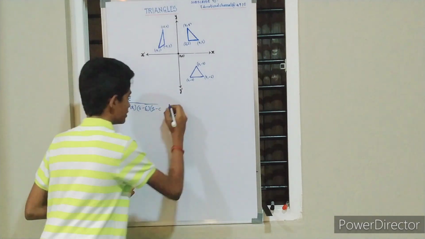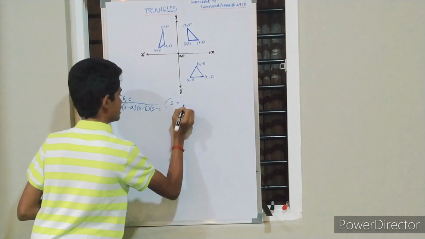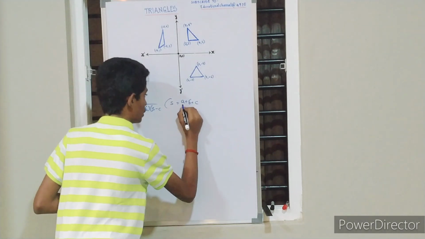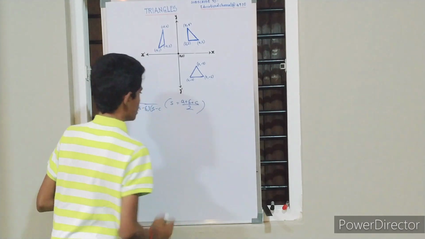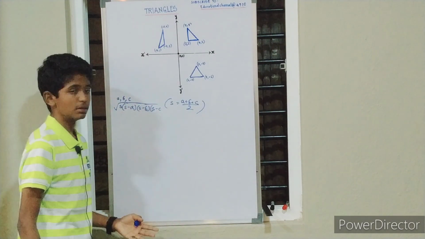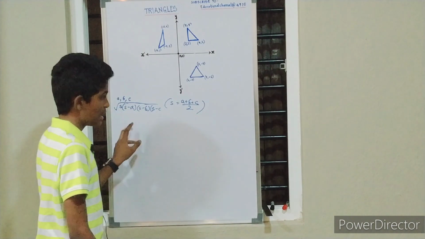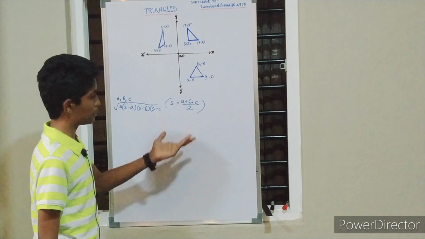Where S is equal to A plus B plus C all divided by 2. This is the formula, right? So for this, what do you need? All the three side lengths, and then the S value, you can compute them easily.